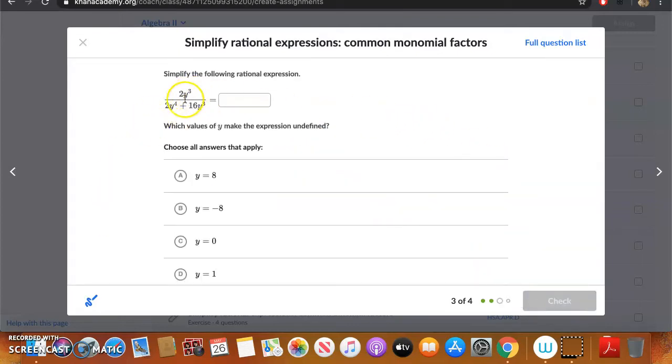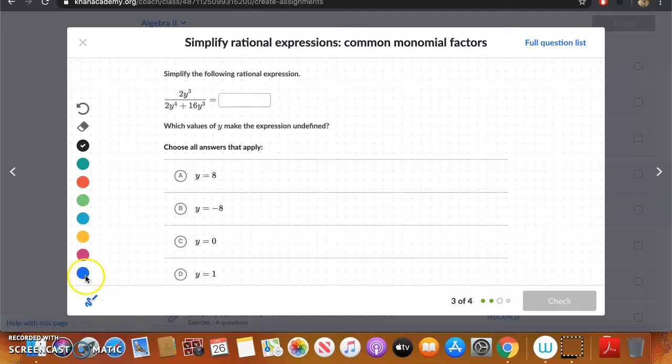We have 2y cubed over 2y to the fourth plus 16y cubed. Again, the same idea. Factor, simplify it, and then state the restrictions to the domain. Okay, what makes the expression undefined? This time, let's use red. And let's do it. Step 1. Factor completely. So 2y cubed, that's already factored completely. On the bottom, we have a binomial, so let's see what the greatest common factor is going to be. 2 goes into both, so we'll take out a 2, right? 2 goes into 2 once, 2 goes into 16 8 times.